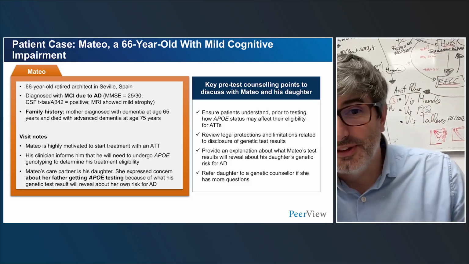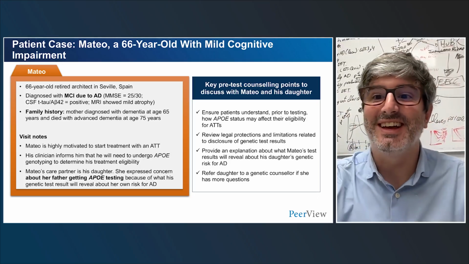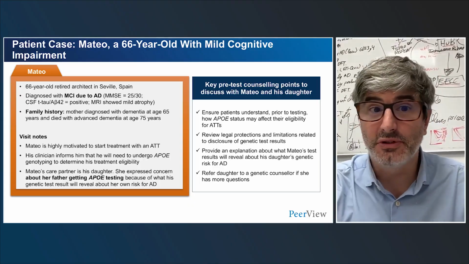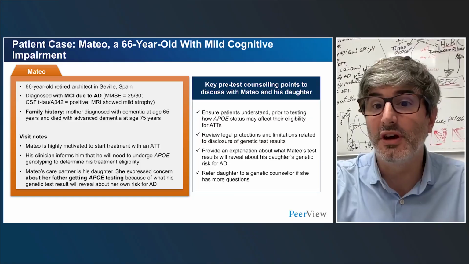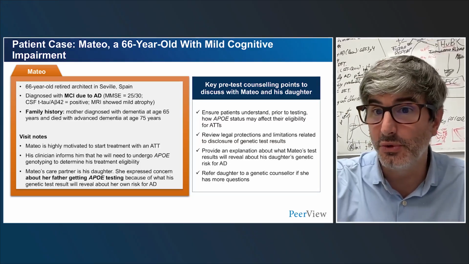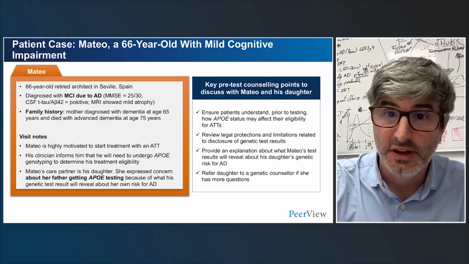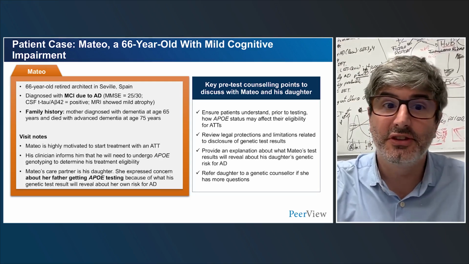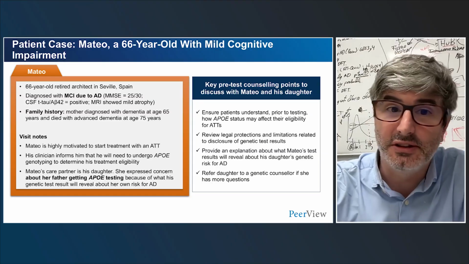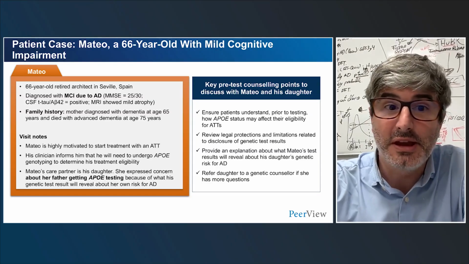And so now I think, Fran, that maybe we can have a case scenario, no? Because that exemplifies a situation that we will encounter a lot in the future. So let me introduce the case of Mateo. Mateo is a 66-year-old retired architect in Seville, Spain.